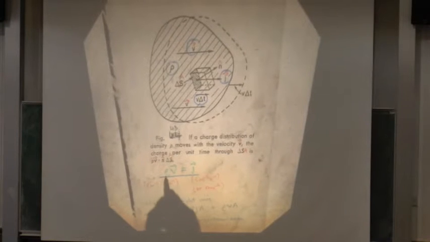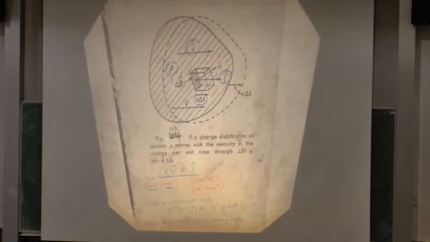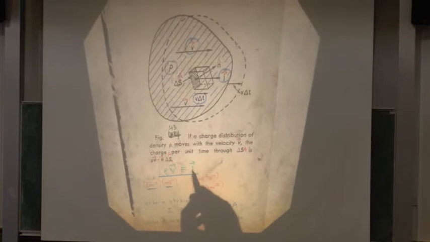Rho was in coulombs per cubic metre, the velocity in metres per second, and then we got this flow vector.